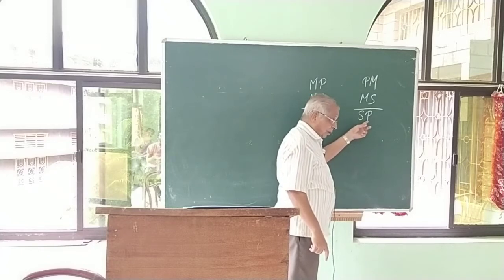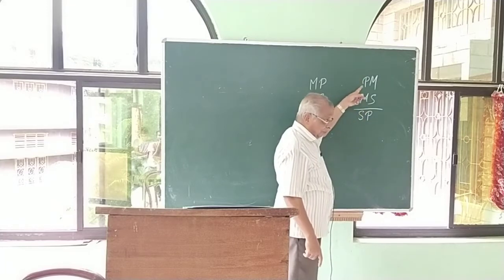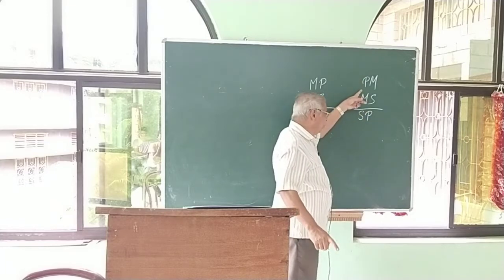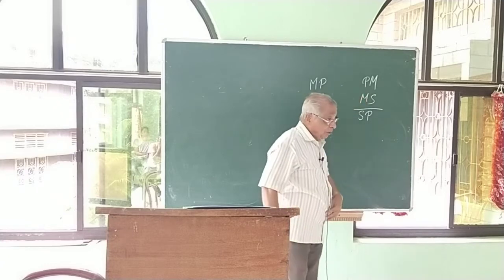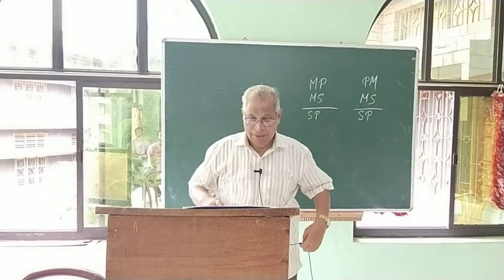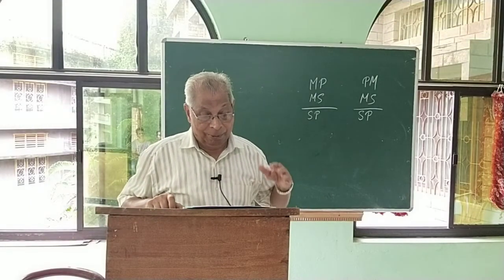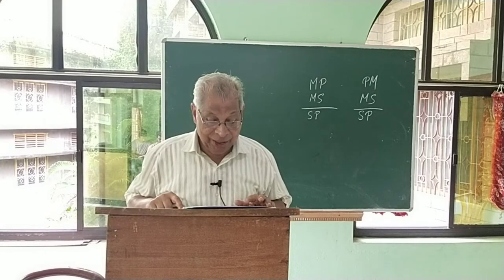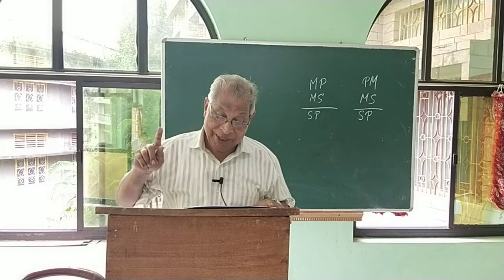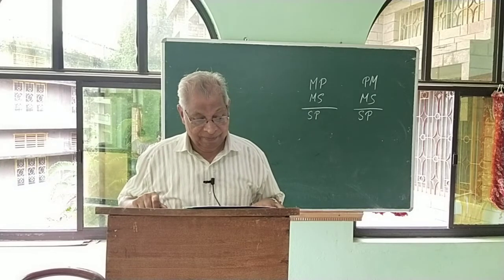If the P in the conclusion is universal, the P in the major premise also has to be universal, which is possible only by making it a universal proposition. When the subject is universal, the premise is universal. That is the meaning of if one premise is negative, the major premise must be universal.